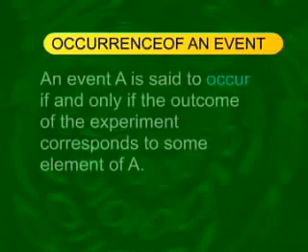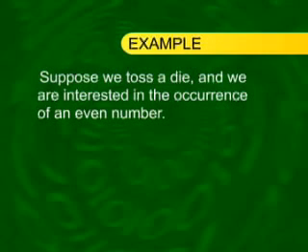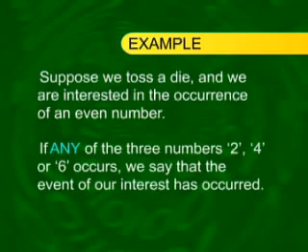As you now see on the screen, an event A is said to occur if and only if the outcome of the experiment corresponds to some element of A. For example, if we toss a die and we are interested in the occurrence of an even number, if any of the 3 numbers 2, 4 or 6 occurs, we say that the event of our interest has occurred.